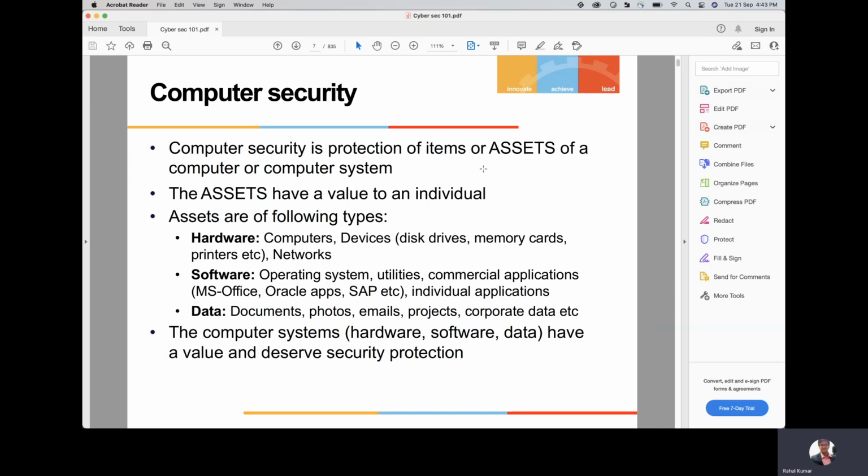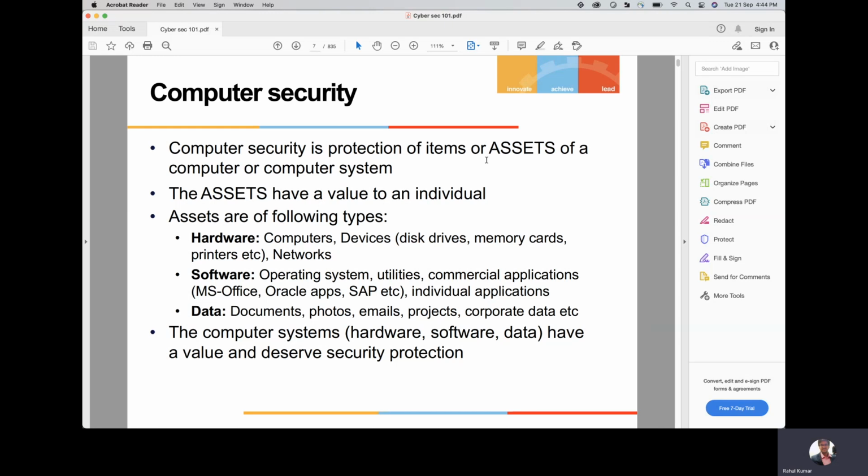Information security can be anything related to securing information. It does not have to be only about computers. It can be physical security of data, backup security of data, business continuity of data, all of which come under information security. However, in cybersecurity, we talk about network security and all these things related to computer security.